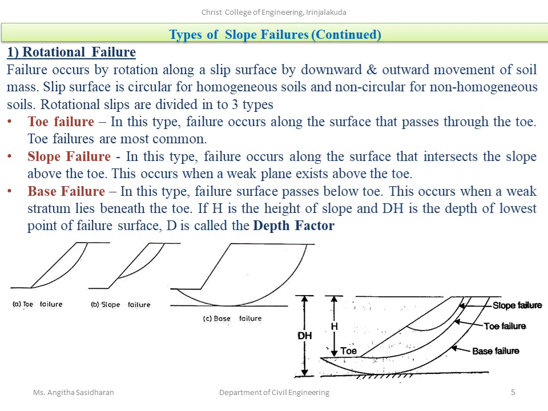This is the sloping surface. So h is the height of slope. And if dh is the depth of lowest point of failure surface. So this is the failure surface in a base failure. So this is the lowest point. If you are considering the depth of lowest point from here, it is dh. Then d is called the depth factor.